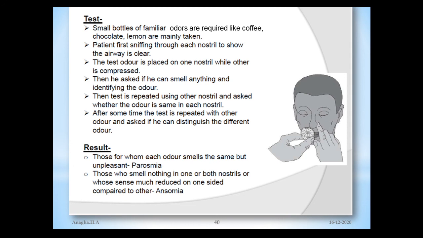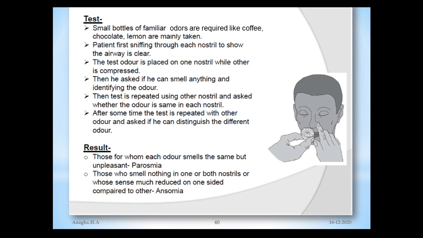The patient first sniffs through each nostril to show the airway is clear. Then the test odor is placed at one nostril while the other one is compressed. Then he or she is asked if they can smell anything or identify the odor. Then the test is repeated using the other nostril and asked whether the odor is the same in each nostril.